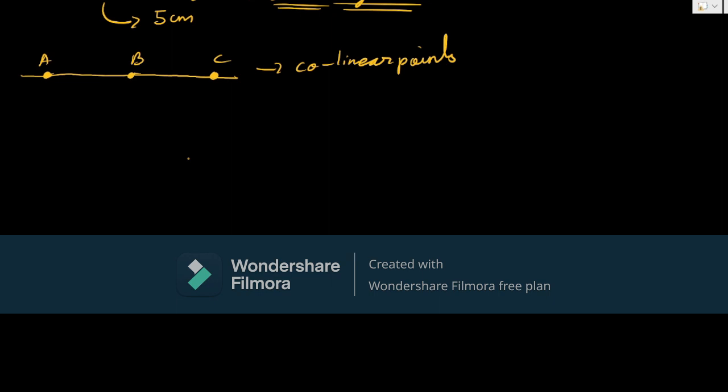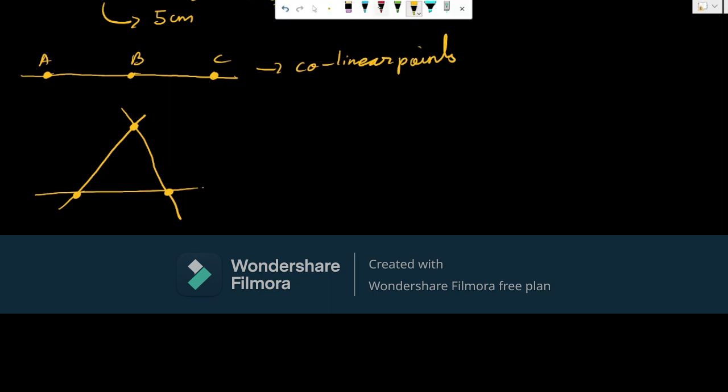Now let's talk about non-collinear points. Suppose we have 3 points here. If I put lines through them, it will be like this and like this. One thing is very special here. This is A, this is B, and this is C. In the collinear points definition, I told you that all three of them should be on the same line.